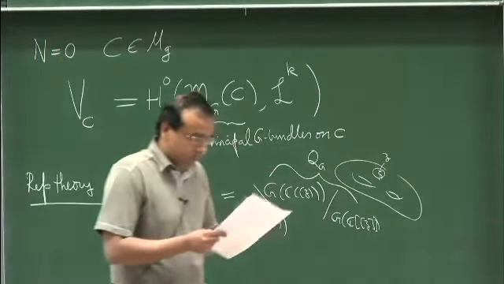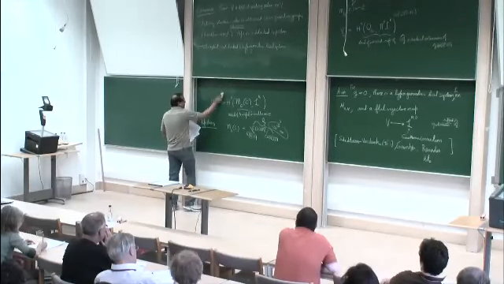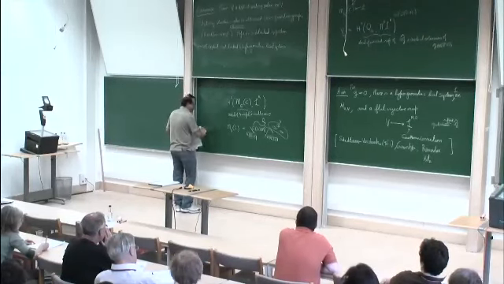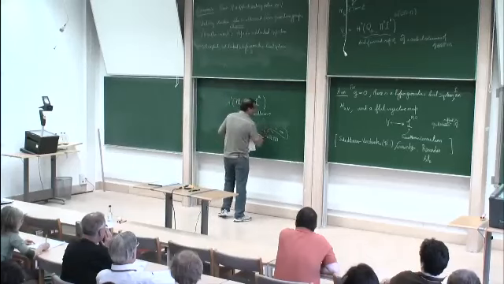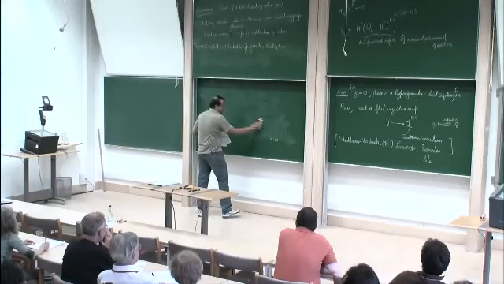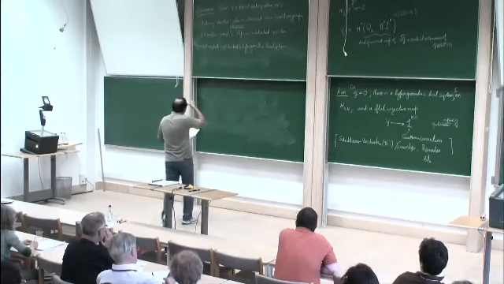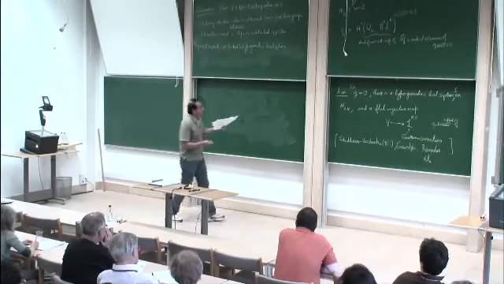Okay, so now my first aim is to describe the local system. The local system is not hard to define. So I had these n weights, right?